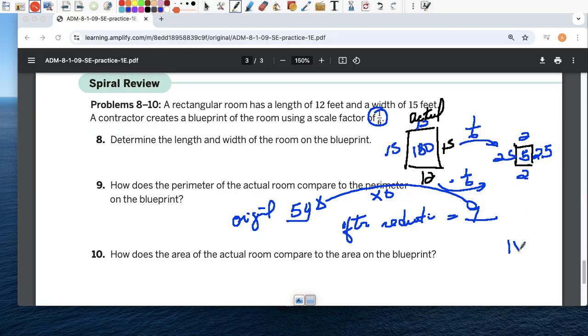So if you do 180 over 5, you get 36. So the original area is how many times bigger? It is 36 times bigger than the drawing we did where we used a scale factor of 1/6. That's it.